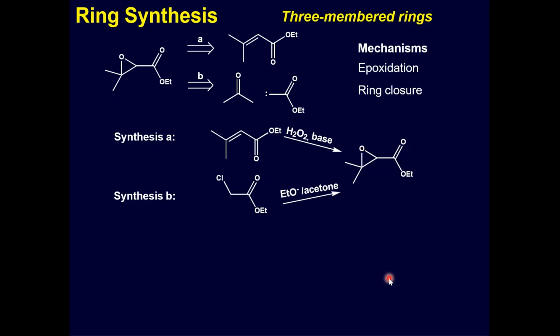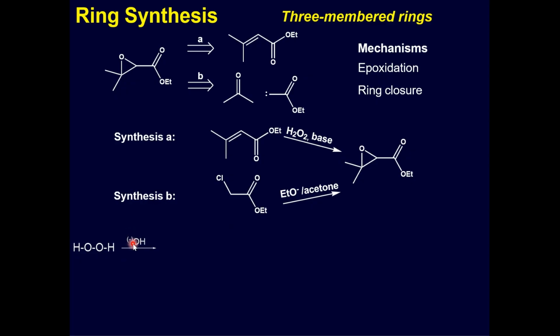Let us look into the mechanism of the reaction. The first one is epoxidation. I have taken hydrogen peroxide and treated it with a base. Hydrogen peroxide is HOOH. When I treat it with a base like sodium hydroxide, OH minus is electron rich.